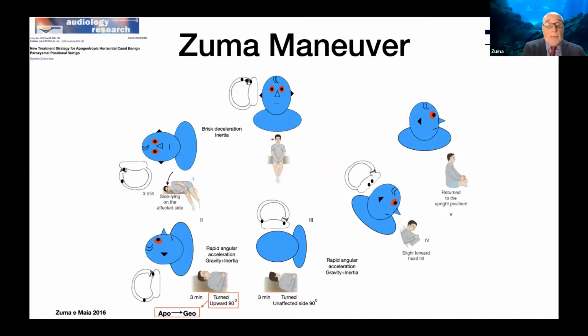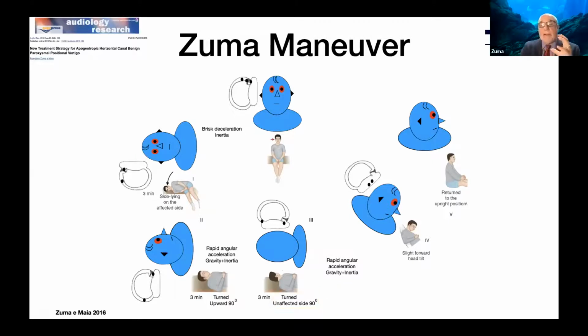Here we transform the apogeotropic into the geotropic variant. The third step is to turn to the unaffected side another 90 degrees. Okay, this is for the posterior arm, and the utricular side cupulolithiasis is solved.